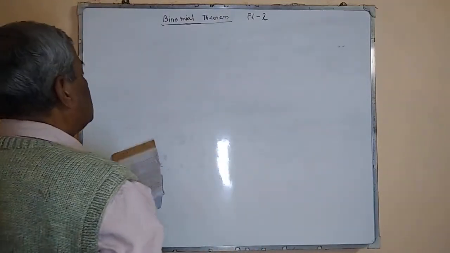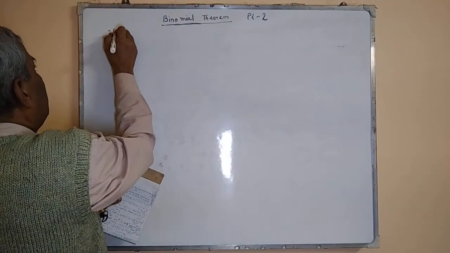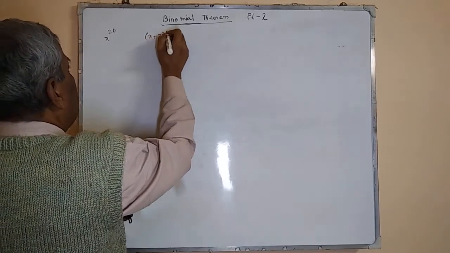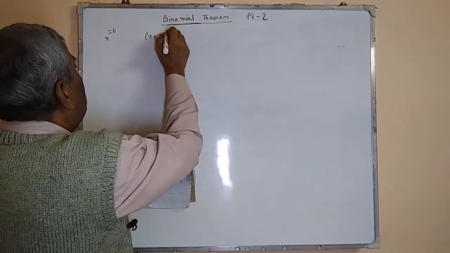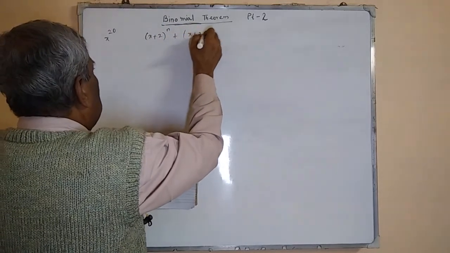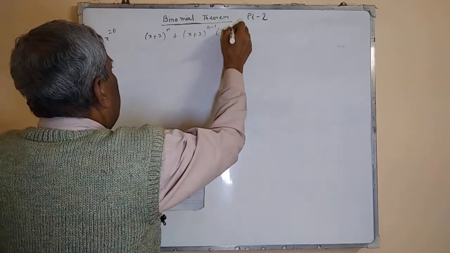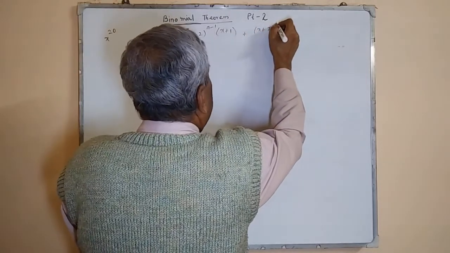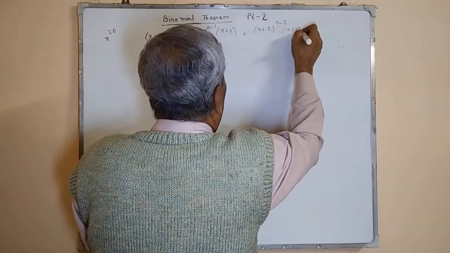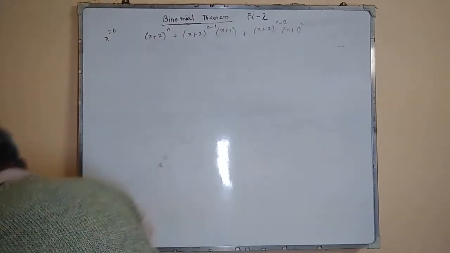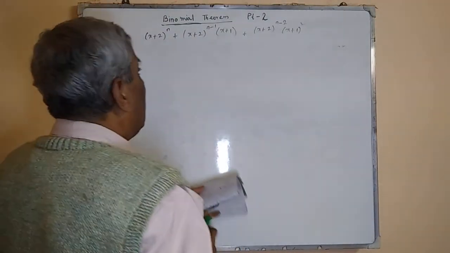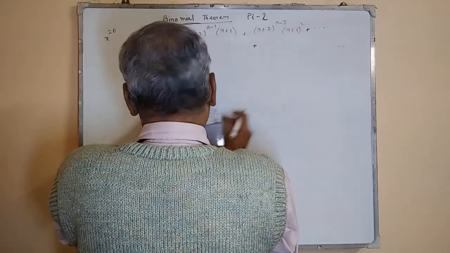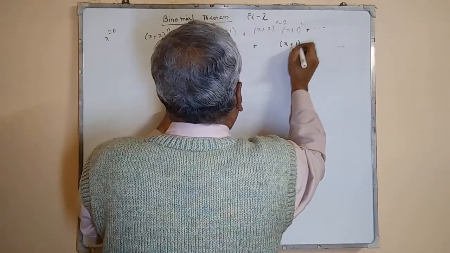The coefficient of x to the power 20 in (x + 2)^n + (x + 2)^(n-1)(x + 1) + (x + 2)^(n-2)(x + 1)^2, up to the last term, which is (x + 1)^n.